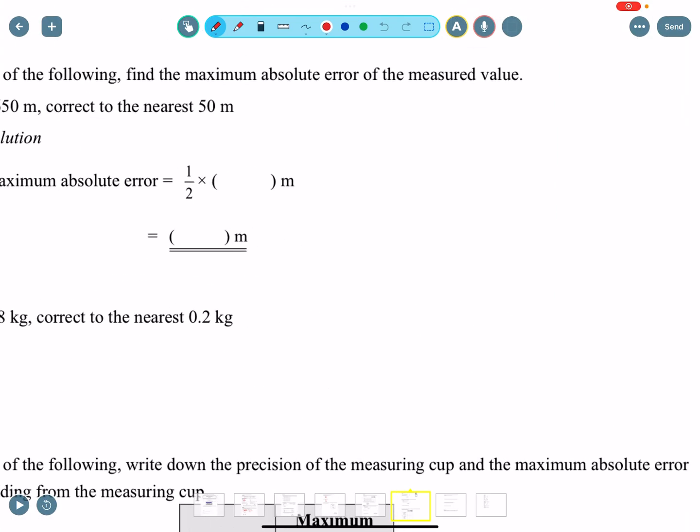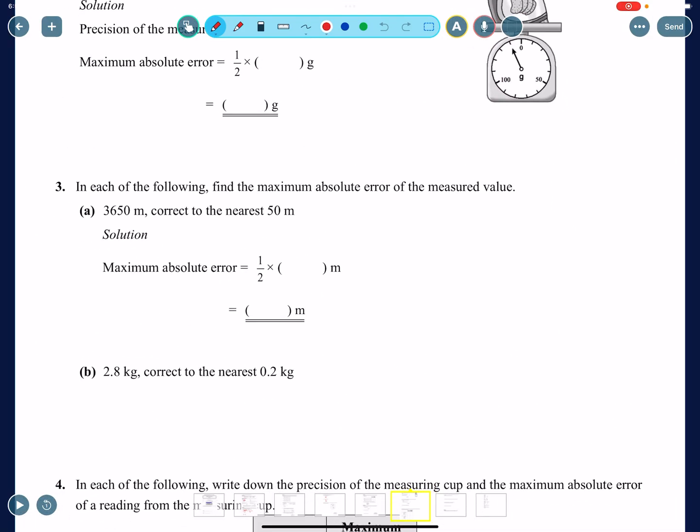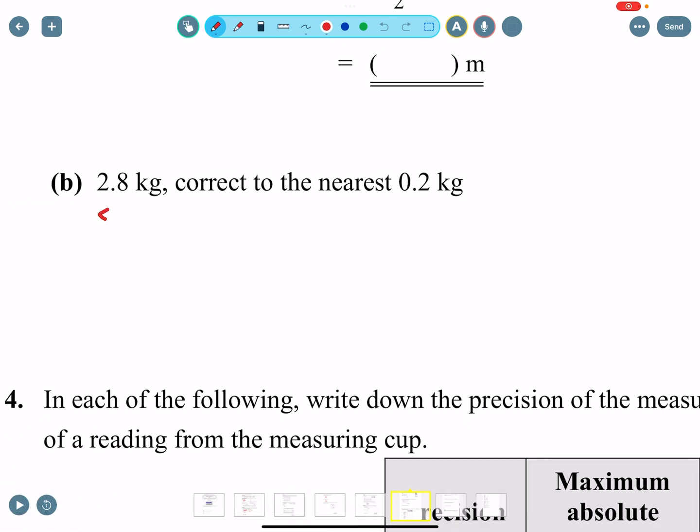Now moving on, let's find something you would do in your homework. Find the maximum absolute error for this measured value. They'll usually give you a value like 2.8 kg, and they're going to tell you how they measured it. So they measured it to the nearest 0.2 kg. That means the interval is 0.2 kg. The next one will be 0.4 kg, and then 0.6 kg, and so on, right?